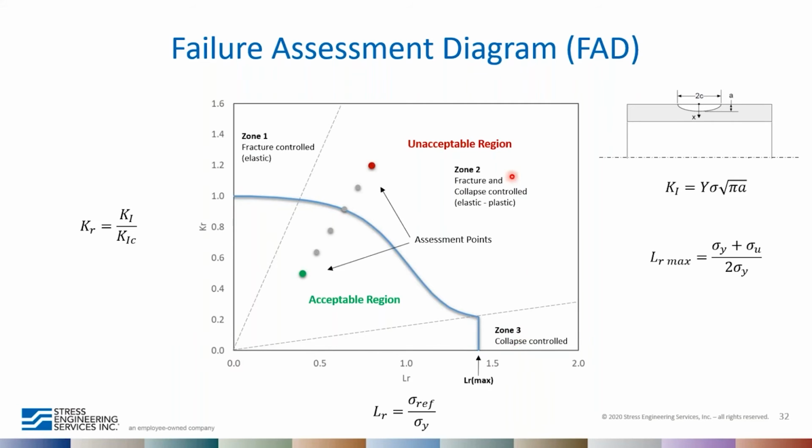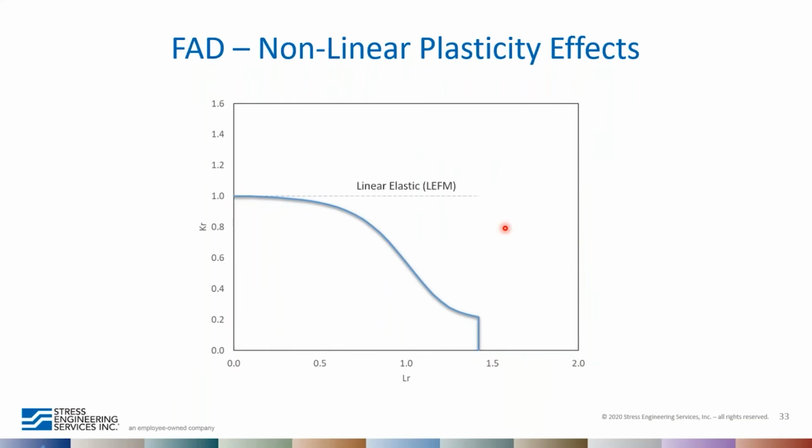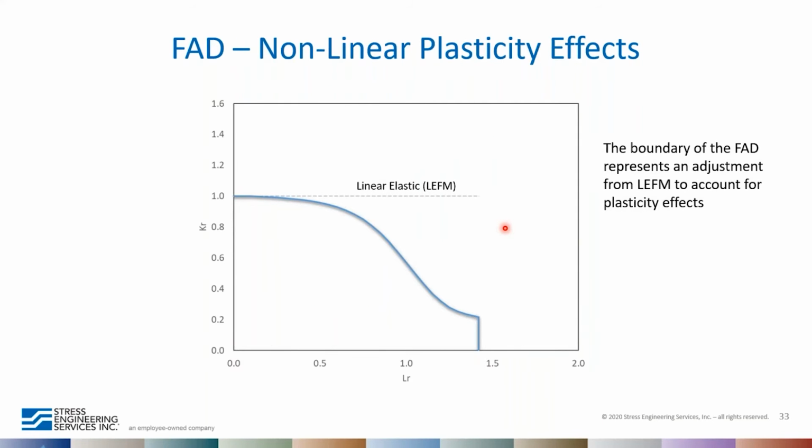And the intermediate zone right here is kind of a mixed mode, where with increasing values of LR, we get more and more plasticity effects. Okay. So the boundary of the FAD in this portion really represents an adjustment to the limit on linear elastic fracture mechanics to account for plasticity effects.